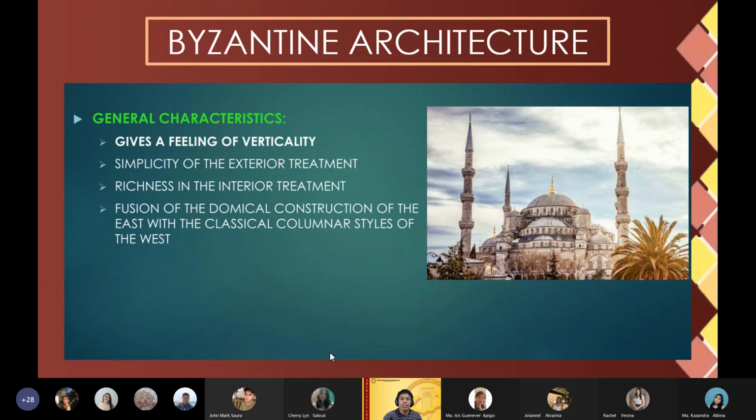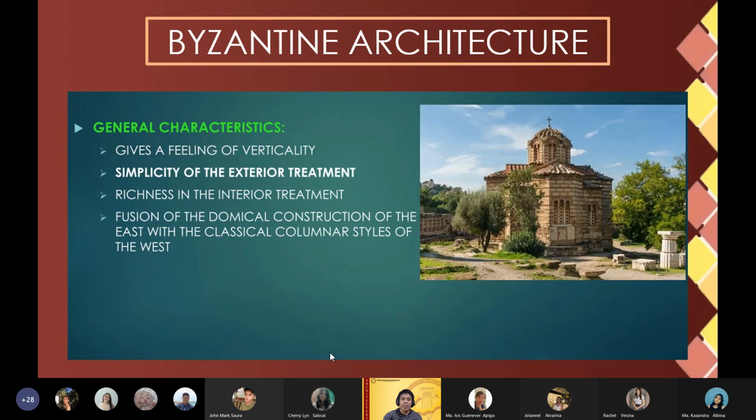General characteristics, we have here a feeling of verticality, so it is taller during this time of Byzantine architecture, but their exterior is still simple. So exterior, simple, which is the same as early Christian. Again, early Christian is horizontal, wide. Here in Byzantine architecture, it is taller, vertically.